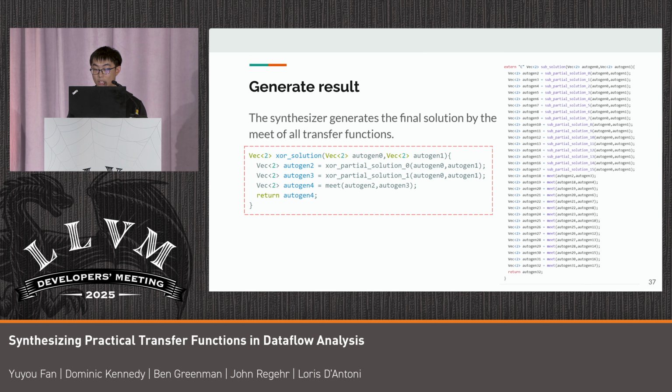Here is a more complex example. For subtraction, it contains 16 sub-solutions, and they must be merged that many times to return the result. The reason why it works is that we make sure every candidate is sound. So by merging all the results together, it's still sound because it must include the runtime values.